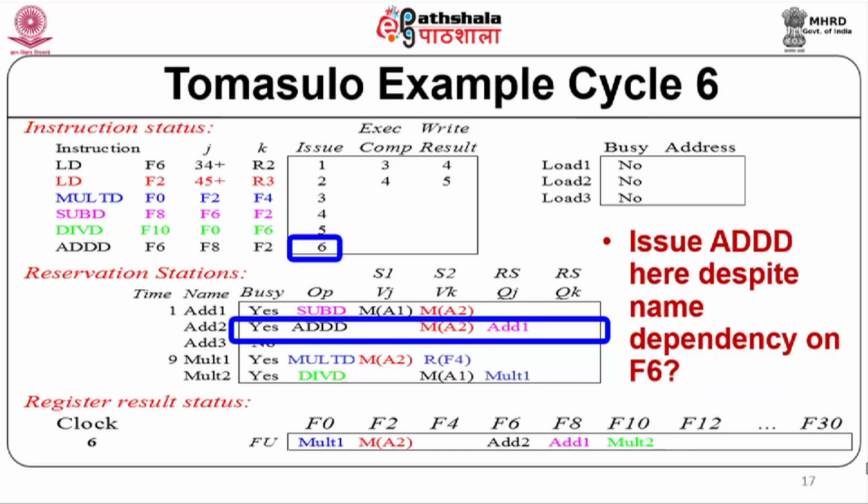But you do not have to worry about this, because once the data becomes available after the load 1 instruction, F6 would have been written by load 1, and that operand has already been buffered in your divide reservation station entry, which is your mul 2. So you do not have to worry about it. You are issuing the add instruction despite the name dependency on F6.